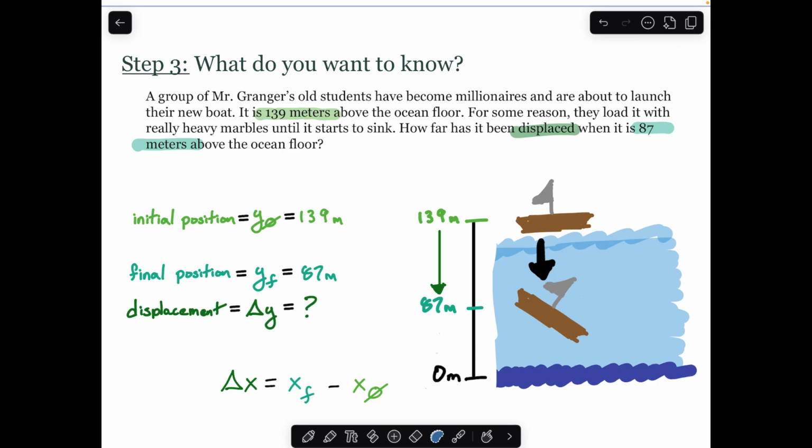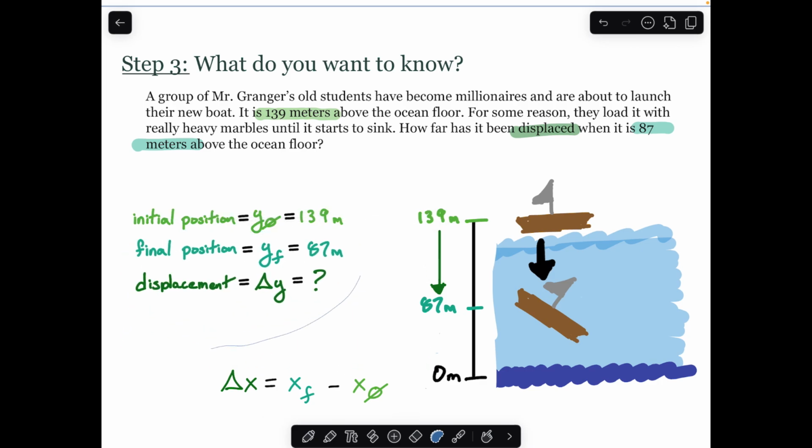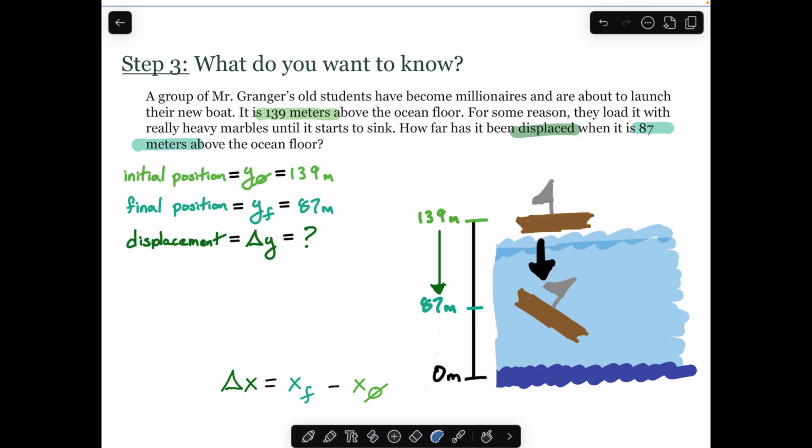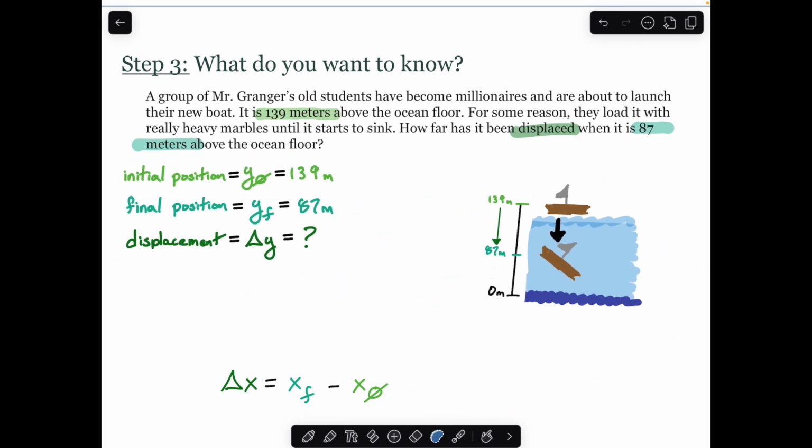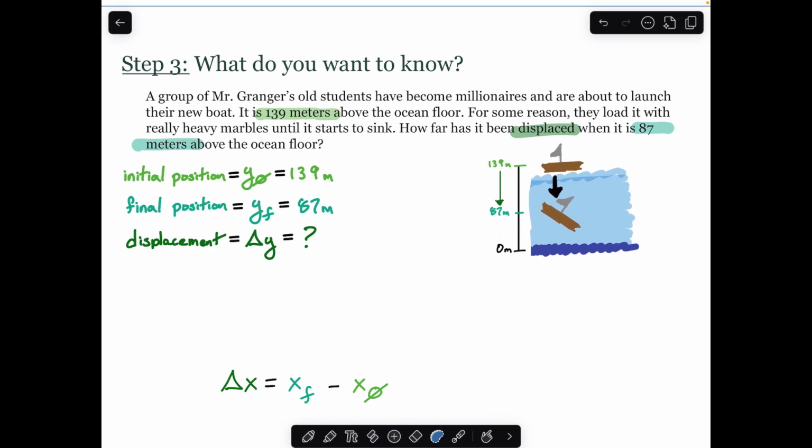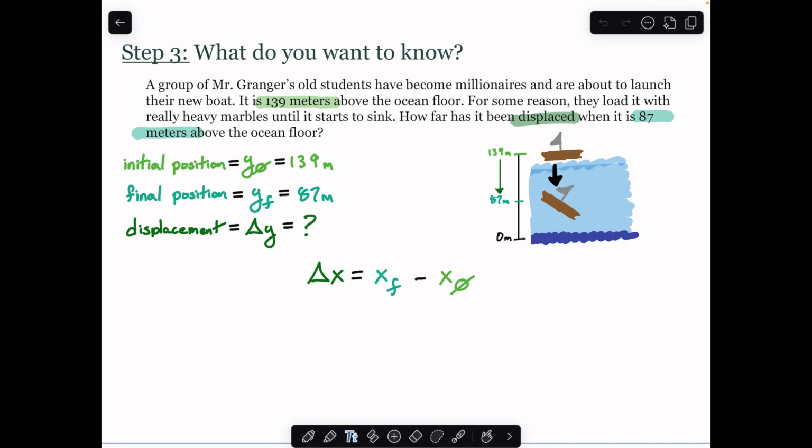Let's clean this up a little bit. Give us just a little bit more space. I am just now realizing a mistake. I have been using the x variables here in the formula, and I have been using the y variables when I've been solving the problem.